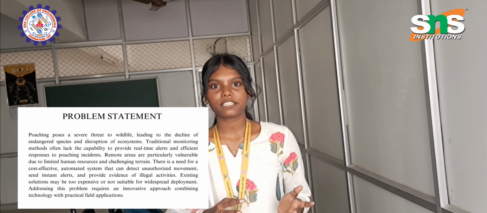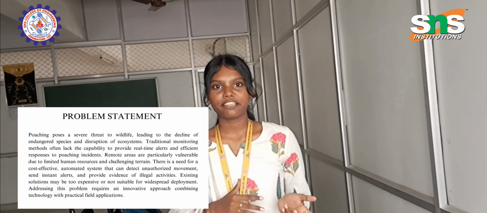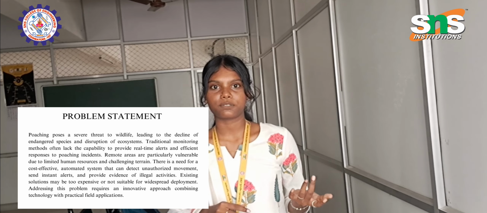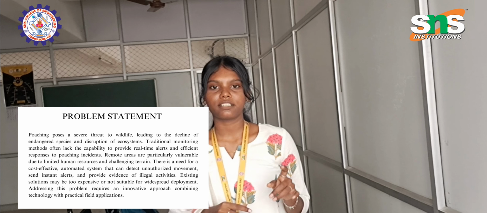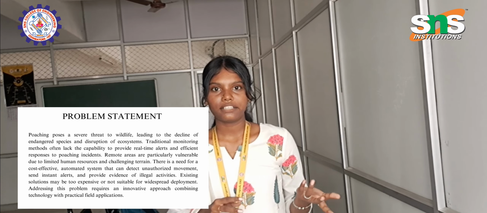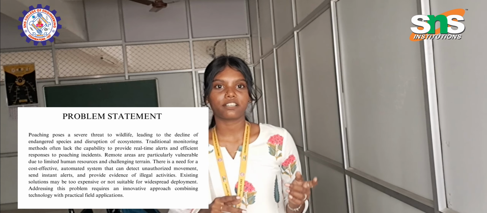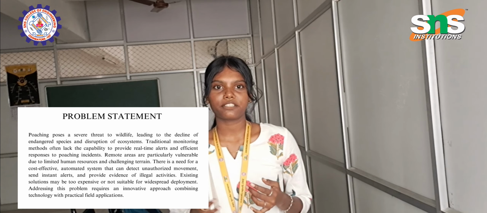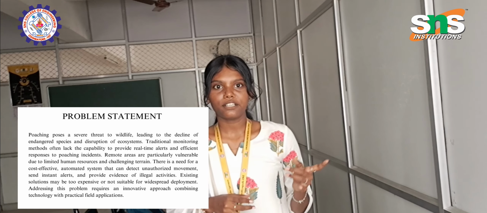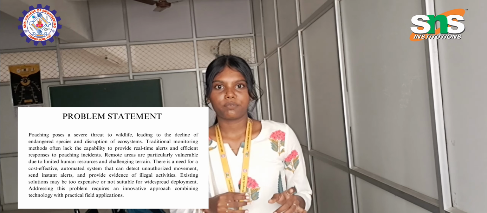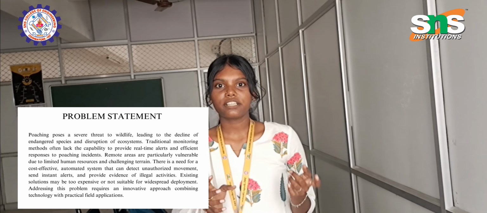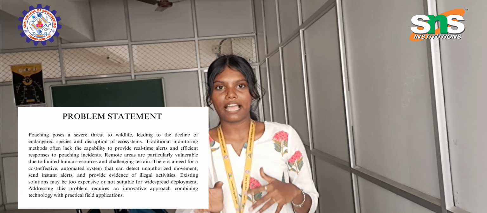About the problem statement: poaching threatens wildlife, leading to endangered species decline and ecosystem disruption. Traditional monitoring methods often fail to provide real-time alerts and efficient response, especially in remote areas with limited resources. A cost-effective automated system is needed to detect unauthorized movement, send instant alerts, and capture evidence of illegal activities.